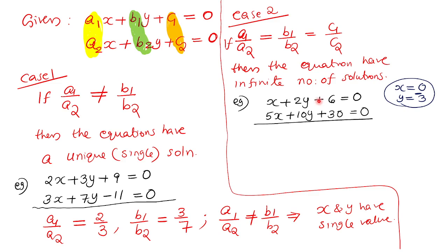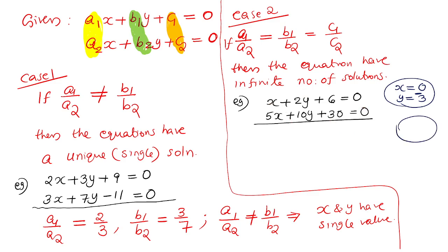I don't want to spend time on that. If you put them in, you can see that both the equations are satisfied. Meaning x equal to 0 and y equal to minus 3 is one of the solutions of the two equations. It has many other solutions.